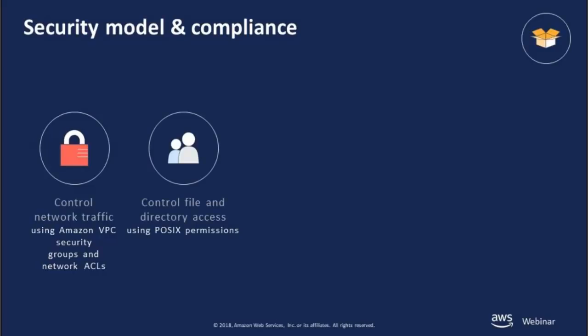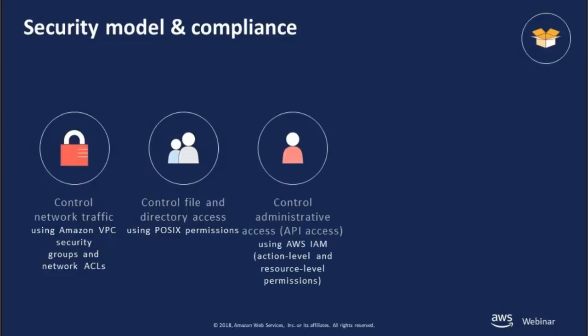In terms of controlling file and directory access, we are POSIX compliant. So you would use your standard Linux or Unix POSIX permissions to grant access or permission to individual files and directories. To control access to manage file systems themselves through the API, you would use AWS Identity and Access Management.